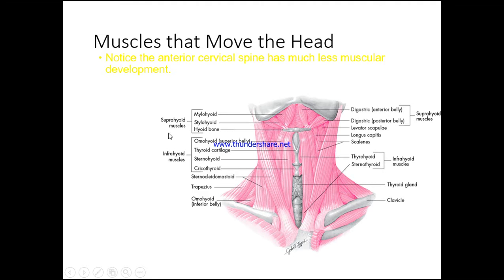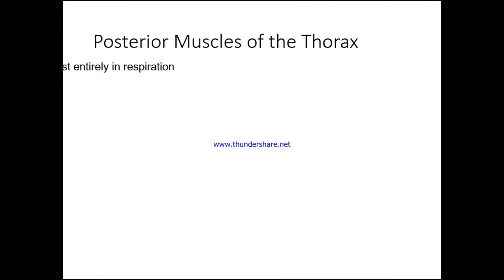We have the suprahyoid group and the infrahyoid group, which we can see marked here on these two opposing diagrams. I'm not going to go through all of these with you now, but it's important to break these regions down into the anterior and posterior triangles, the carotid triangles, clavicular triangles, etc., which we will cover in a different session.